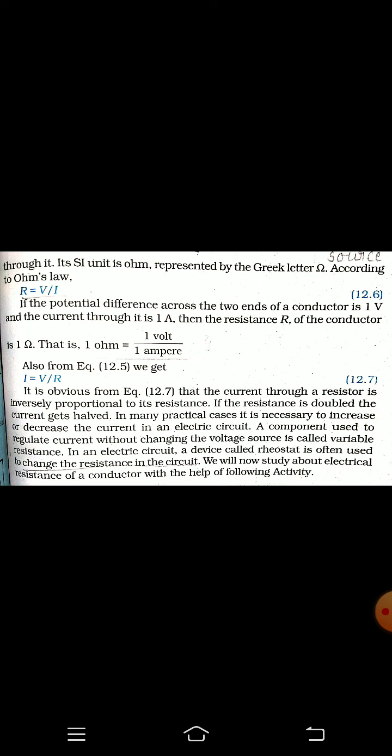It is a rheostat. You will remember this properly. So this is all about Ohm's law. You have to prepare it well for your exam also. Ohm's law is very important. So you will remember the statement also, then the mathematical formulas also. This is all about today's session.